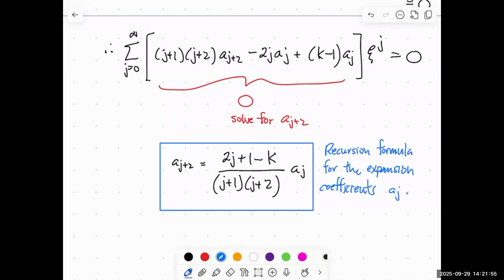All right, so let's think about this just quickly before we move on. Notice the recursion relation steps j by 2. If I put in an even value of j, like 2, 4, 6, and so on, I'm going to calculate the next even coefficient. If I put in a 2, I'll calculate the coefficient for 4.